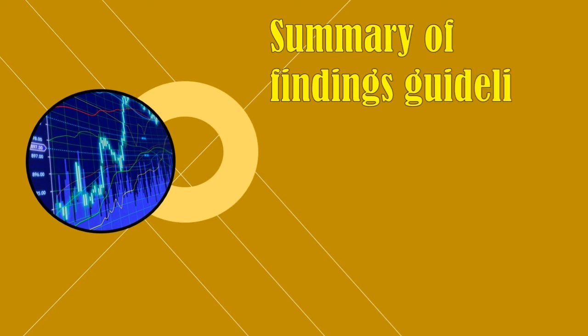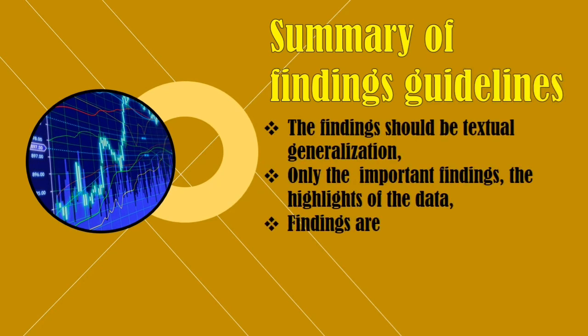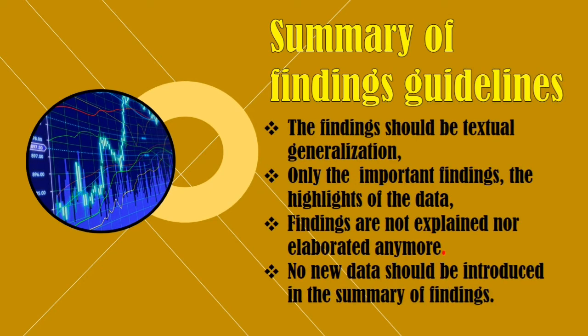Next, the findings should be textual generalization, meaning a summary of all the important data consisting of the text and numbers. Next is only the important finding. The highlights of your data should be included in the summary, especially those upon which the conclusion should be made.